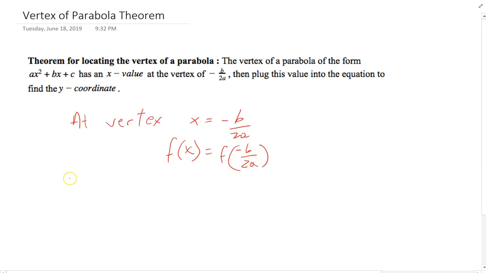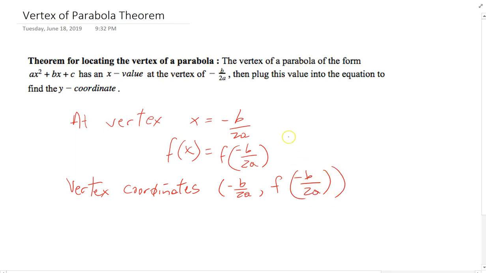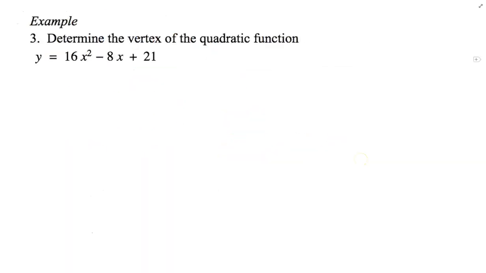Therefore, the vertex coordinates will be (-b/2a, f(-b/2a)). Right? And now, if we have numerical values for a and b, then we will end up with numerical values for the vertex.